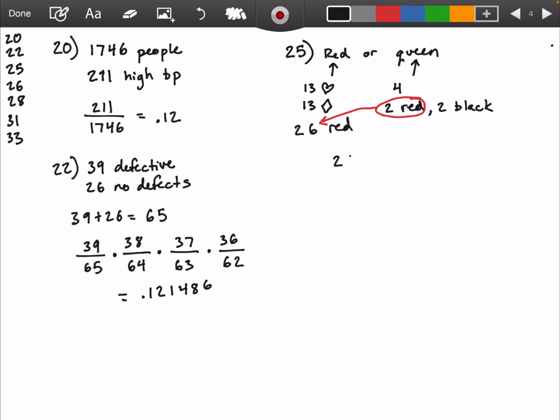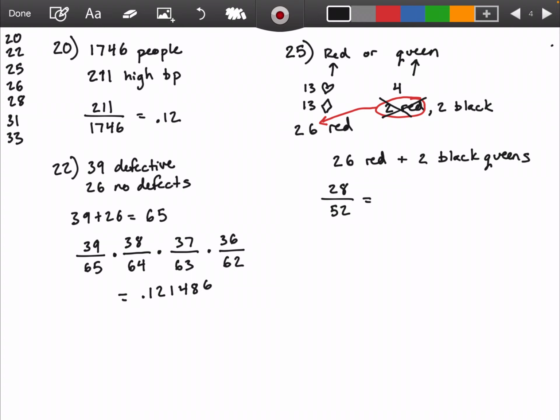And so I can take the 26 red that already includes these 2 red, so I don't need to count them anymore. And now I can add in the 2 black queens that were not counted already. So that becomes 28 out of 52.